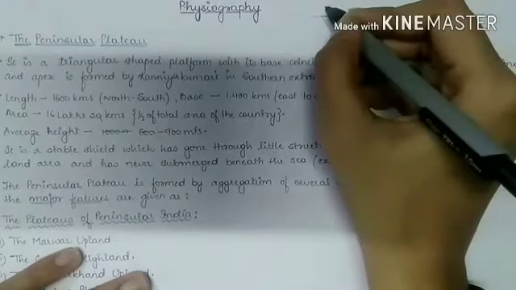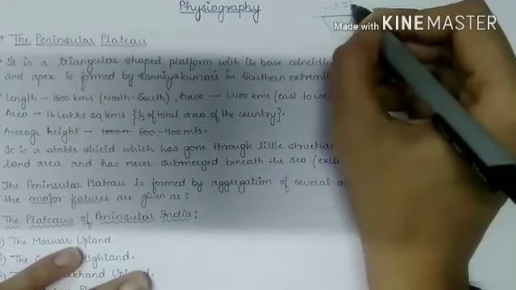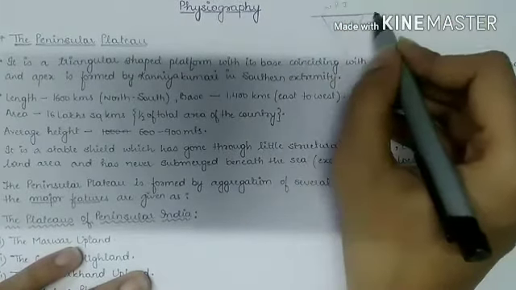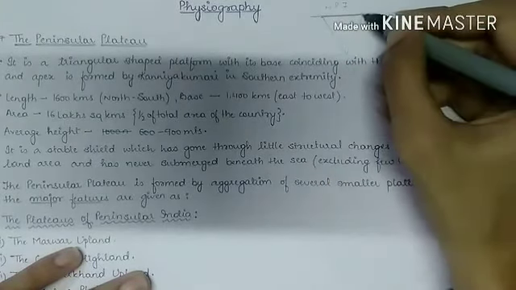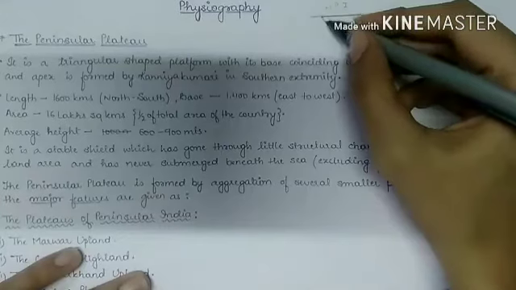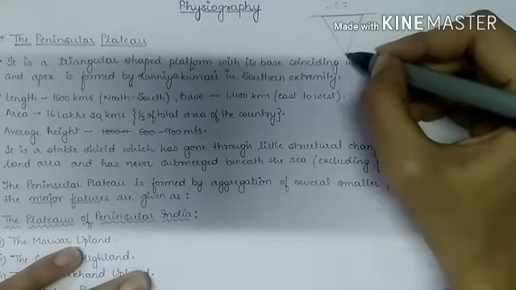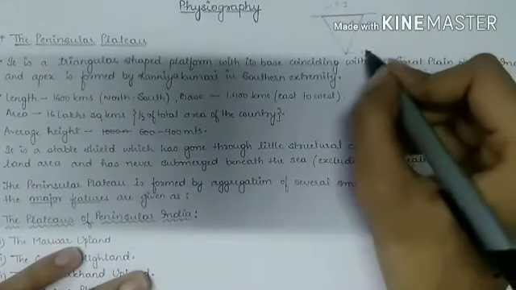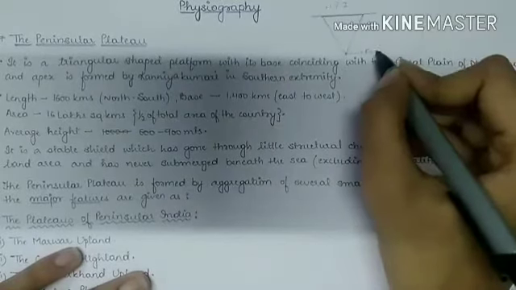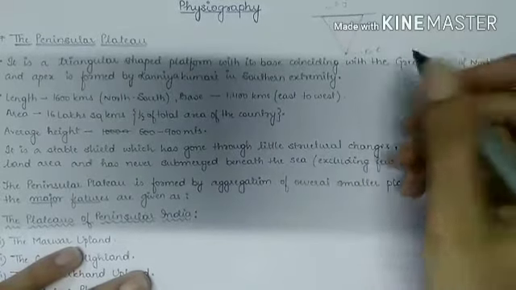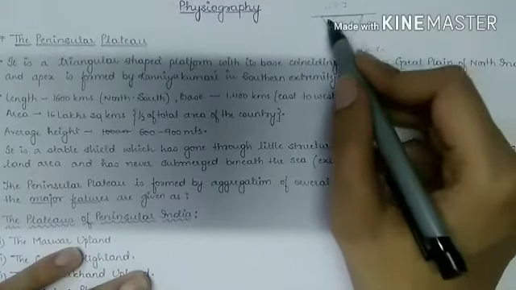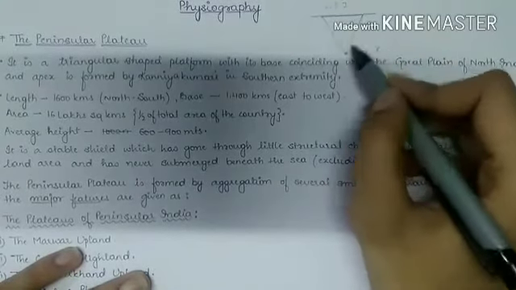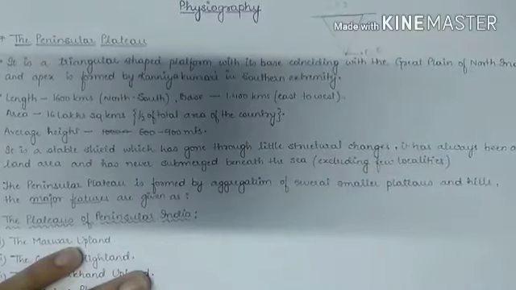The southern tip of the northern plain of India is the base of this triangle, and the apex of this triangle meets at the southernmost point, that is Kanyakumari. So this whole triangle is our Peninsular Plateau.